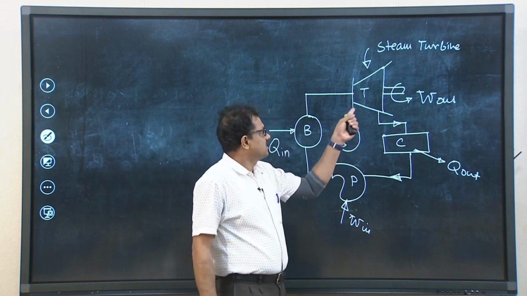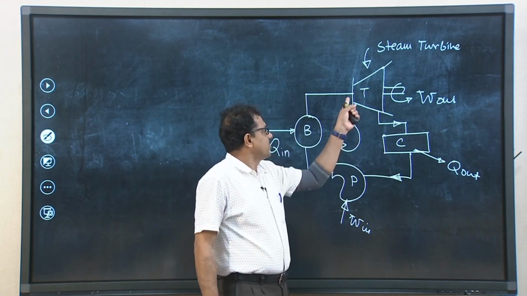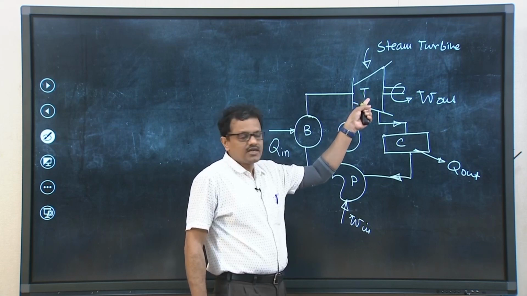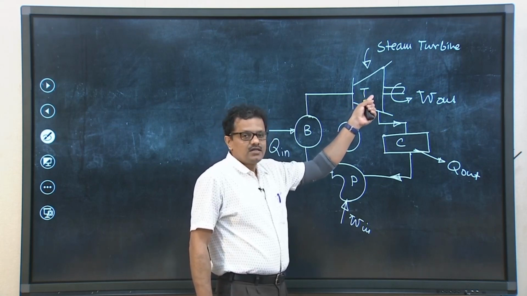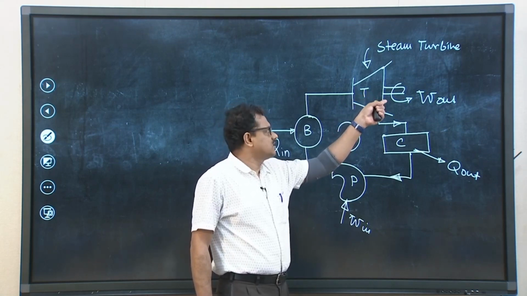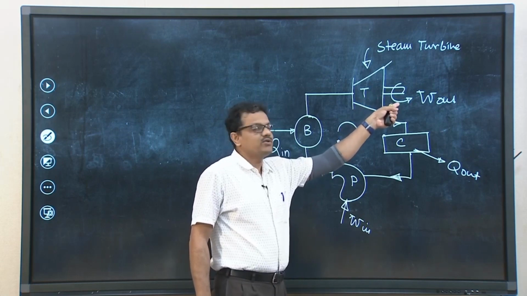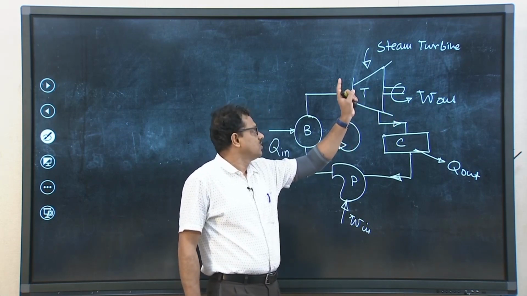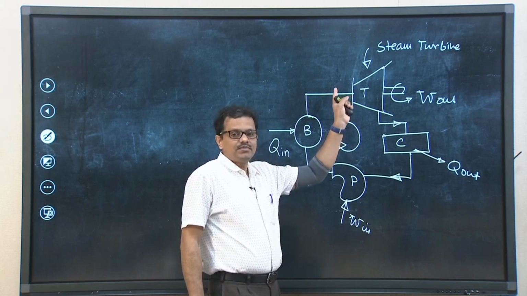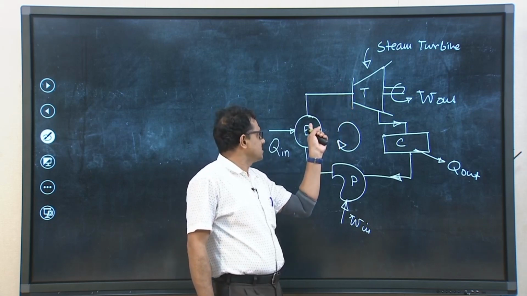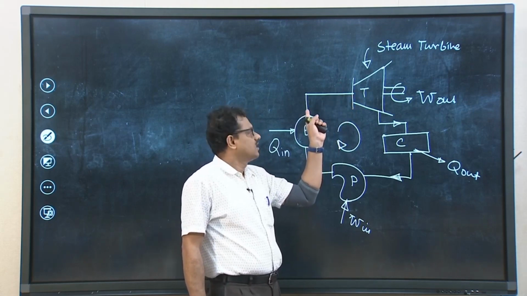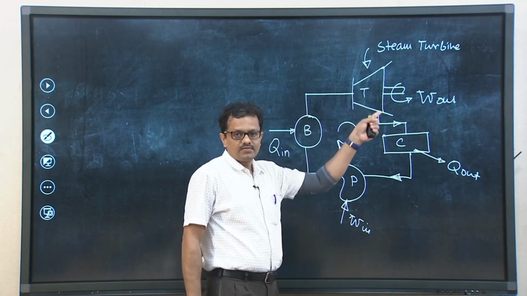What we can see is that while steam passes through the turbine, the sole objective is to rotate the turbine wheel, from where we get work output. Now, we have discussed that steam is not directly allowed to go into the turbine.